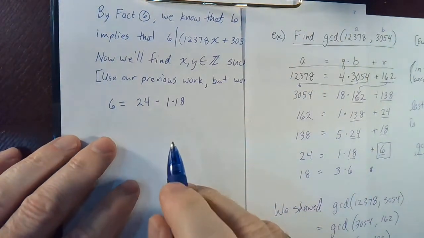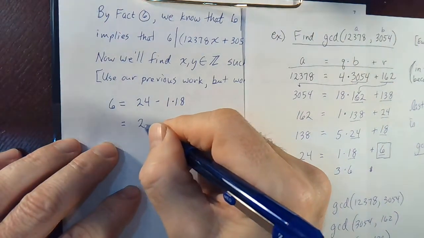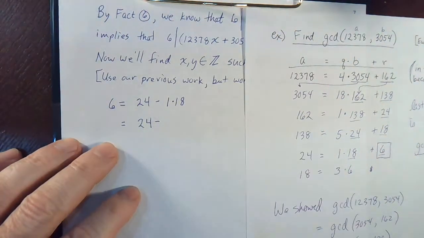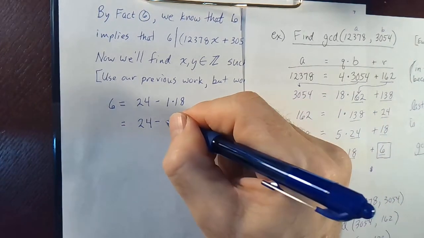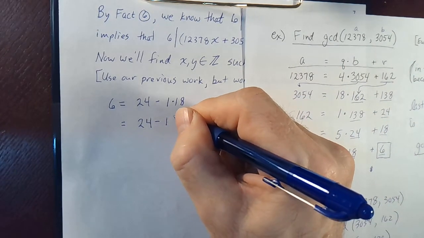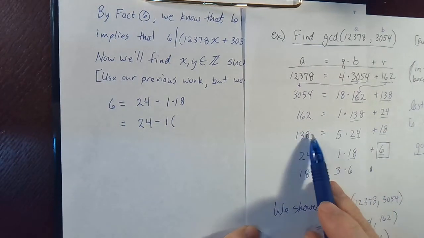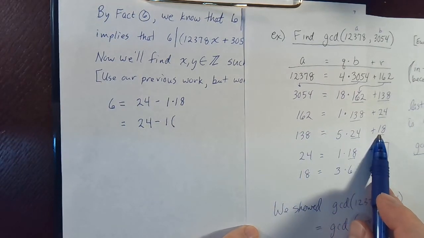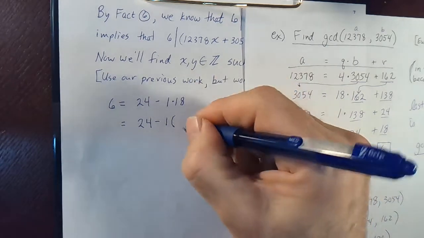Now for the second line of this, we're going to say 24 minus, but we're going to replace the number 18 with what this equation gives us. If we solve this equation for 18, we would get 138 minus 5 times 24.